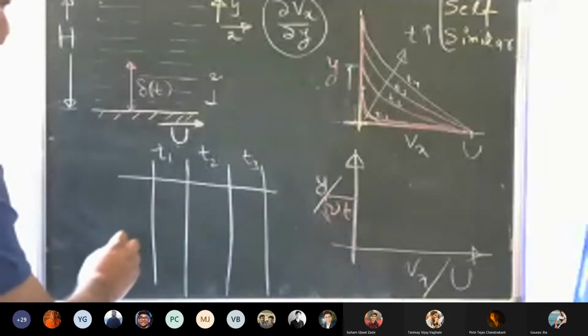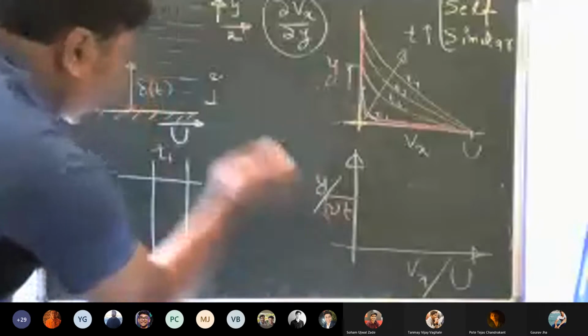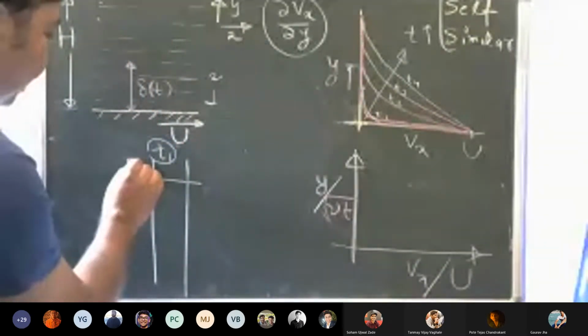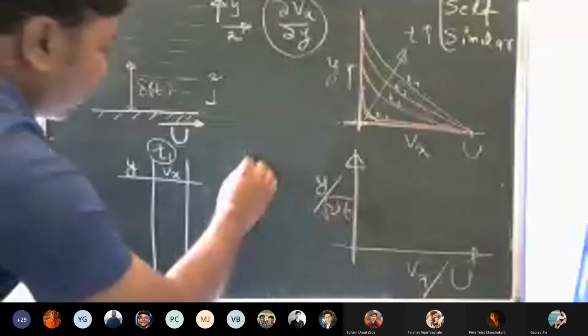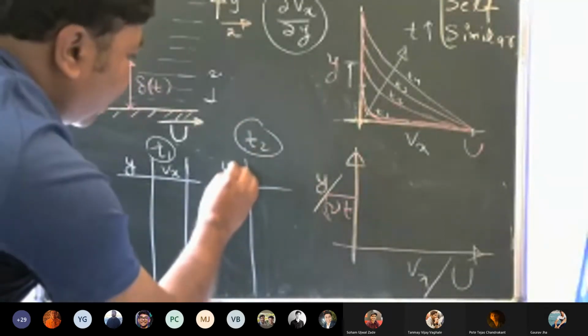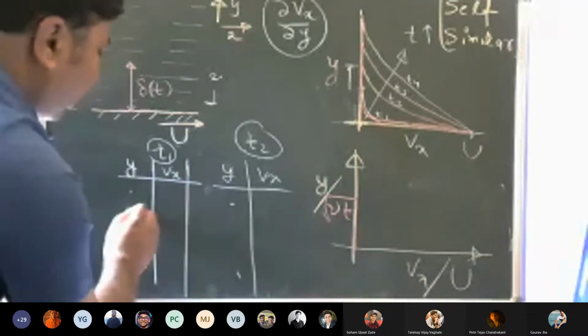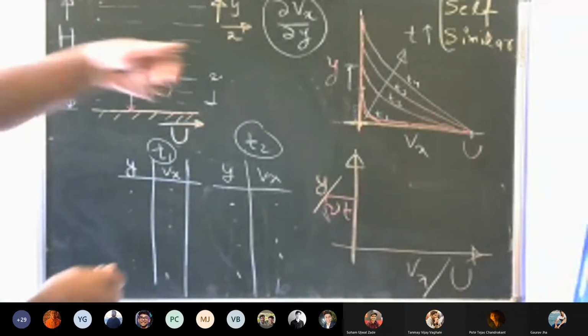First, make the chart for T1. Let's say this is at T1. This is my y, and this is my Vx. And at some time T2, this is my y, this is my Vx. Some data points, and so on at T3 and so on.